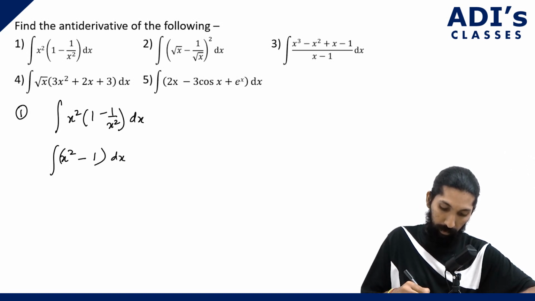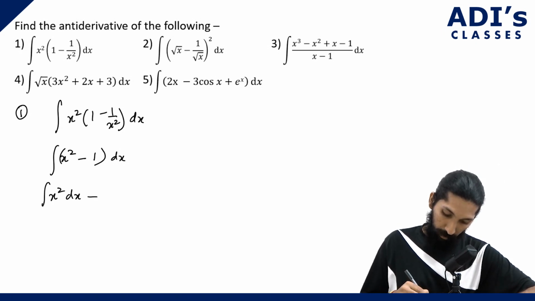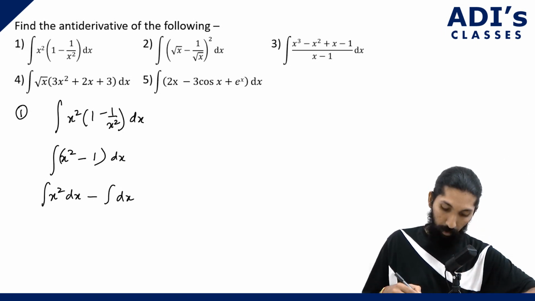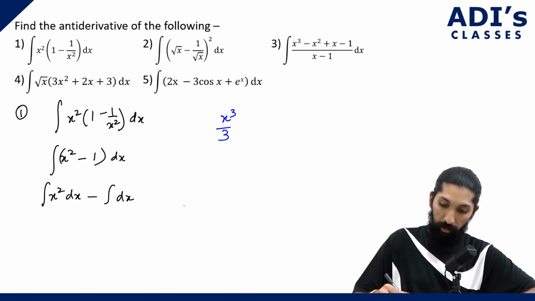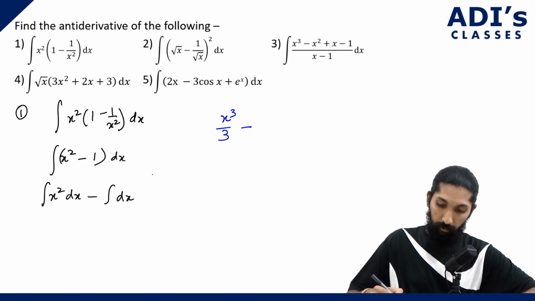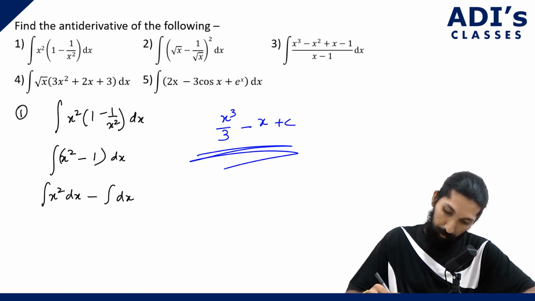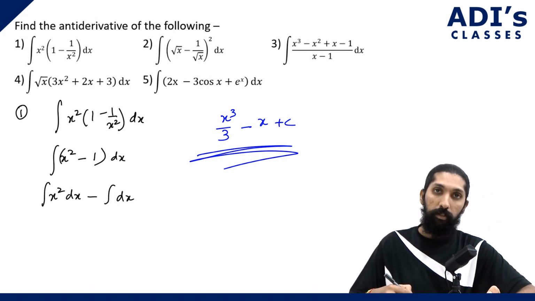Once you multiply, so integral of x square dx minus integral of dx, that's 1. Now it's very easy to calculate. What is integration of x square? x cube divided by 3 minus integration of dx is x plus c. This is the answer for the first one. Very simple, isn't it? Let's do the second one.